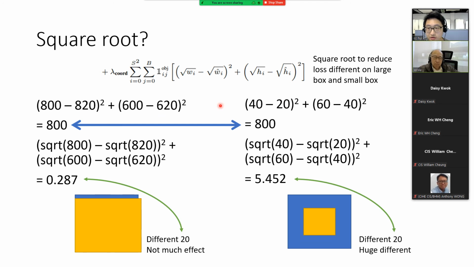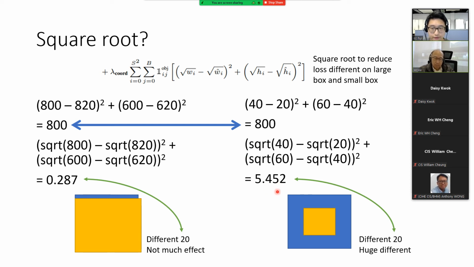So the usage of the square root is to minimize the loss of the big bounding boxes and enlarge the small bounding box. You can see that after the calculation with the square root, we have a very significant improvement.